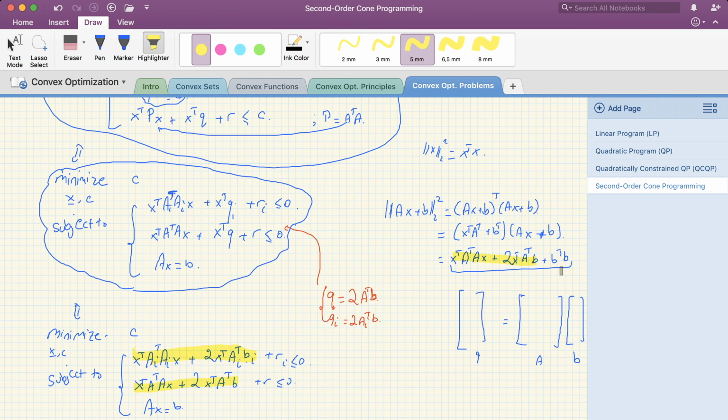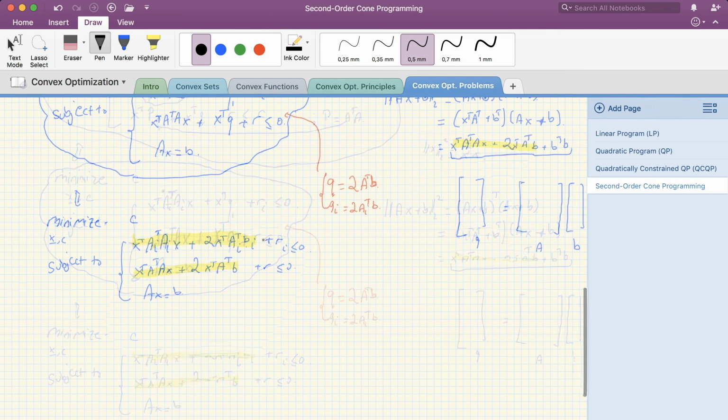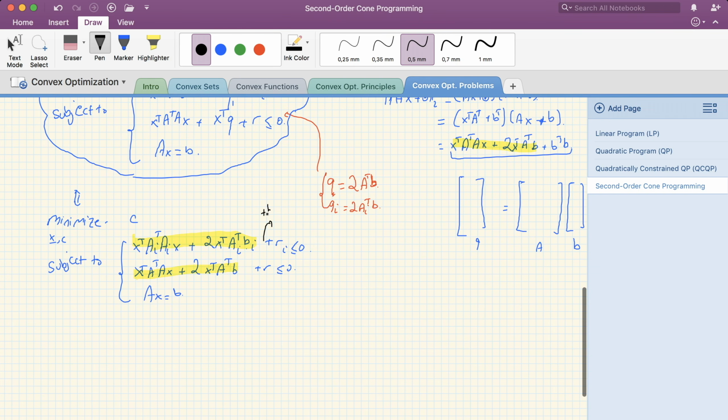So all we need is a constant, B transpose B. We can add and subtract this constant, right? So right here, you can add plus Bi transpose Bi and a minus Bi transpose Bi. Same thing here. You can add a B transpose B, then subtract it, right?